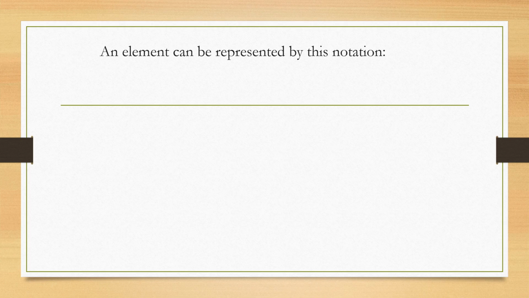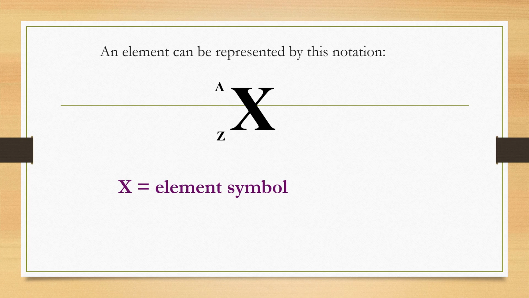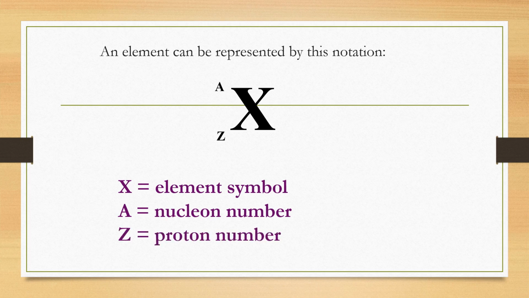An element can be represented by this notation: X, A, and Z, where X is the element symbol, A is the nucleon number, and Z is the proton number.